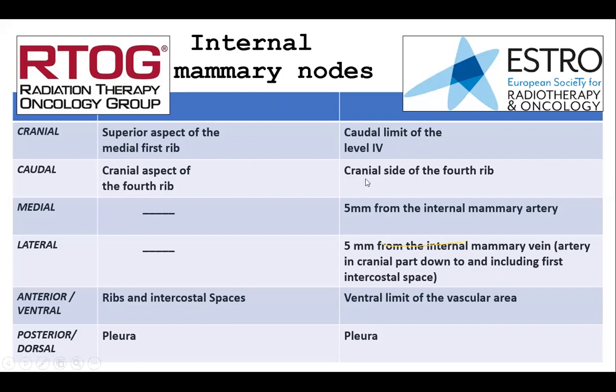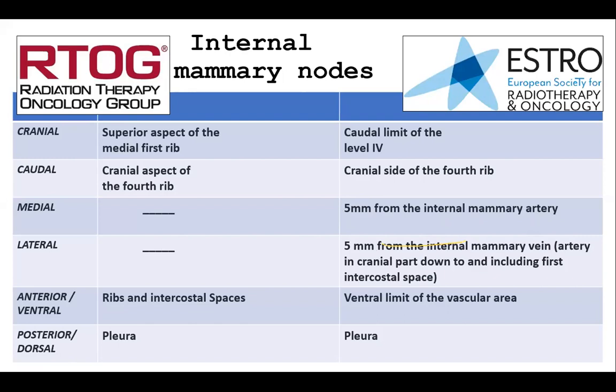Here again, the caudal border will remain the same, and the main difference is that we don't give any margin in the RTOG group medially or laterally, whereas in the ESTRO group we will first identify the internal mammary vessels, the internal mammary artery, and then give a 5 mm margin to it. So that means we have a bigger volume in ESTRO compared to the RTOG.